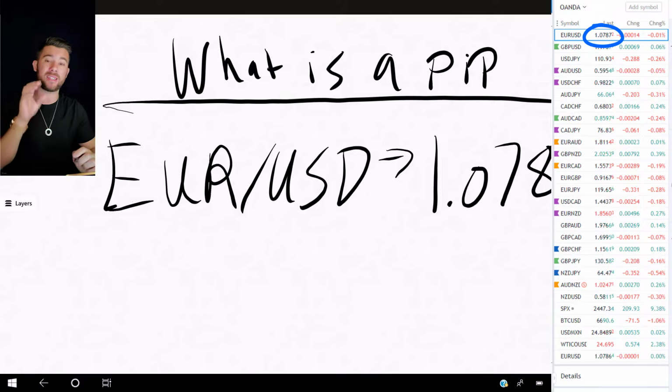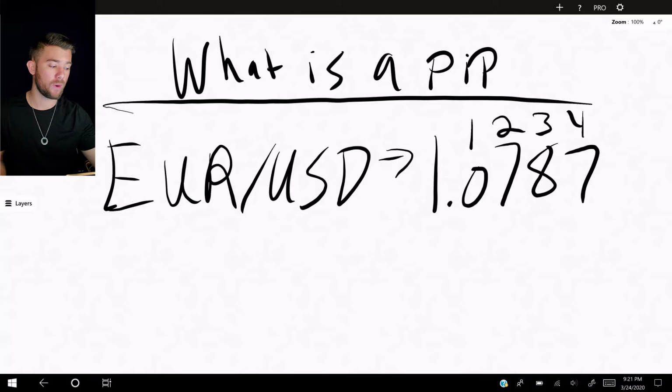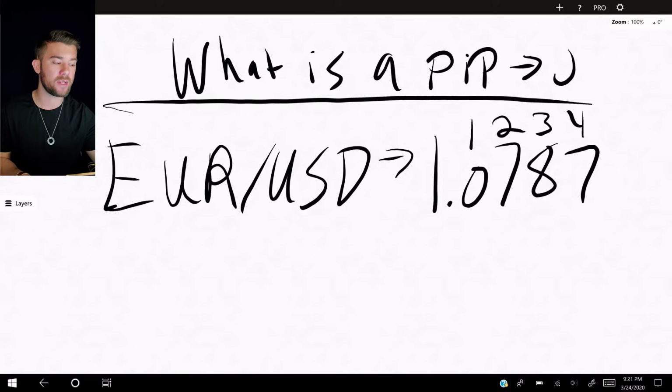What you need to understand is that the way you identify a pip is the fourth place away from the decimal. So the fourth decimal point, meaning if this is the decimal point, we count over 1, 2, 3, 4. This is a pip. And let me clarify that really quickly. Right now, we are talking about a pip on every currency pair except currency pairs that end in JPY.